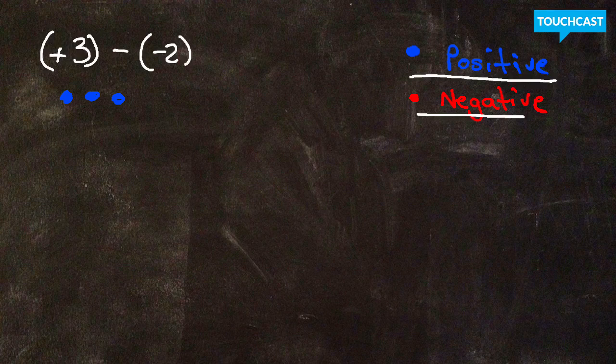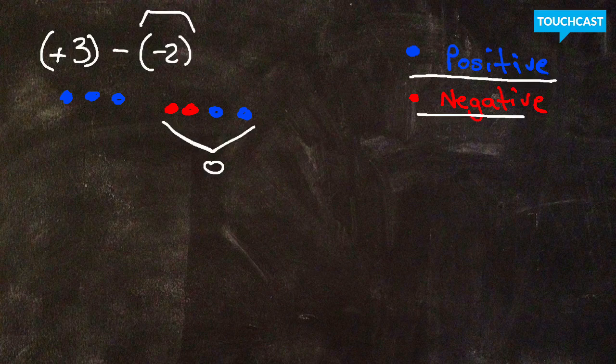But I want to take away 2 negatives. And if you look at my picture, +3 has no negatives. So this is where I need to use my 0 principle. I want 2 negatives so I can pull them away, but to bring in 2 negatives, I need to bring in 2 positives, because this is equal to 0.